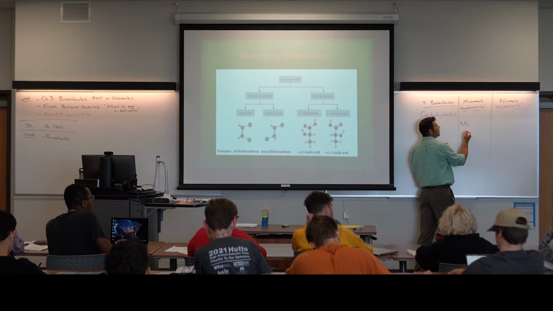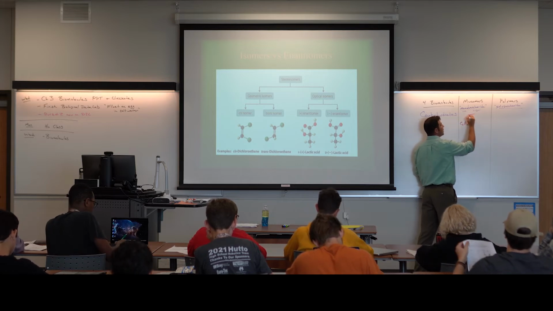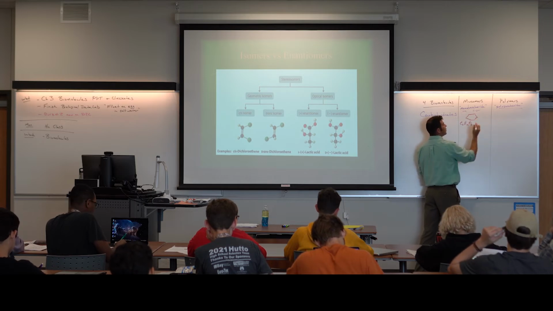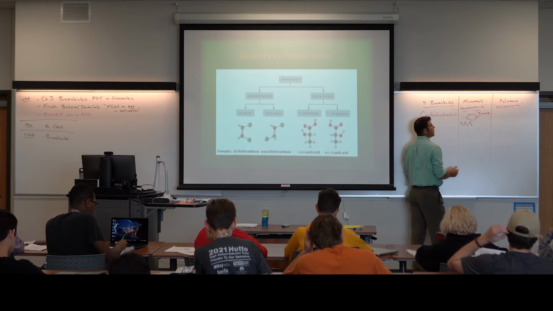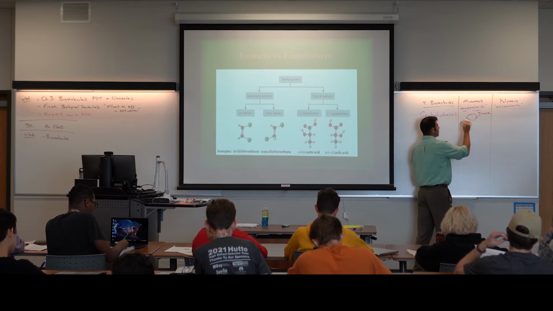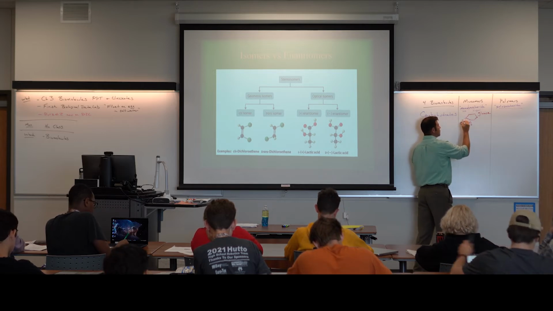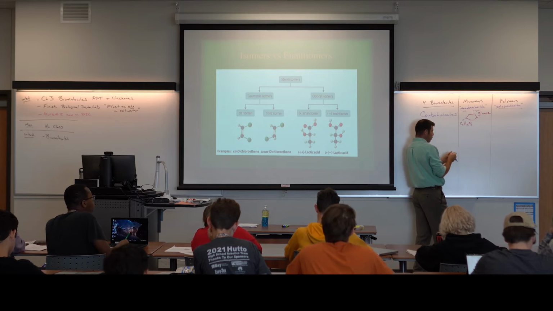It has 12 hydrogens and 6 oxygens. It is going to be drawn in a hexagon shape, and we're going to call this glucose. It's probably the most common. Glucose is going to have a functional group, one of those OH groups sticking off of one end of this molecule.